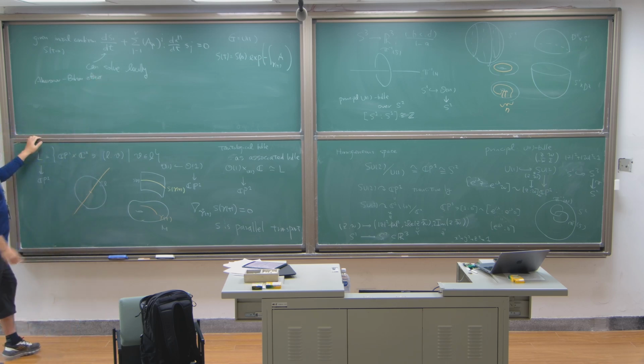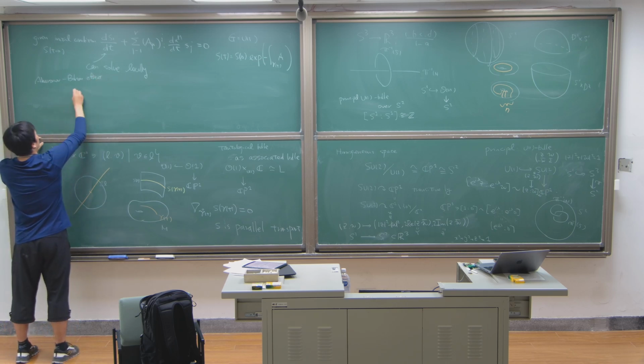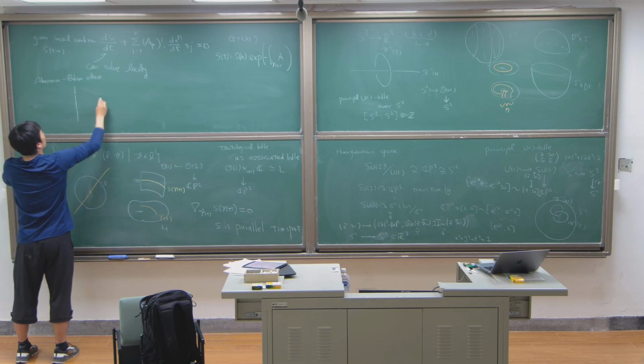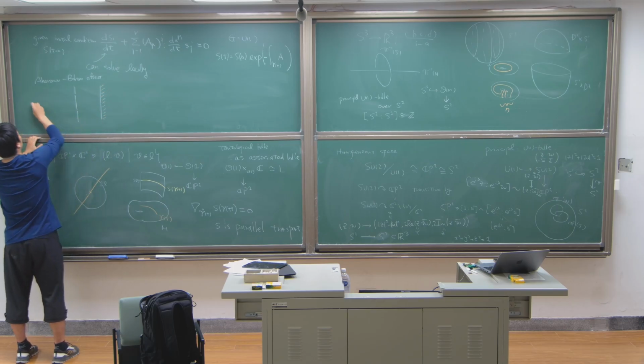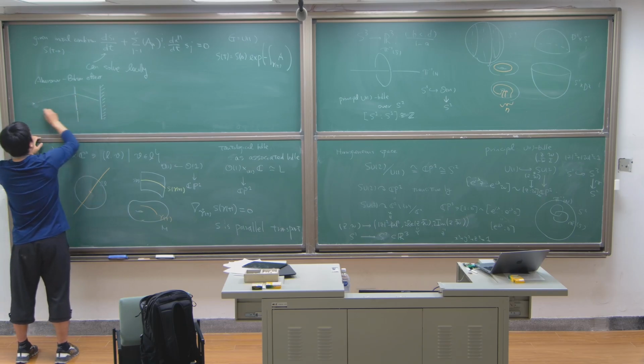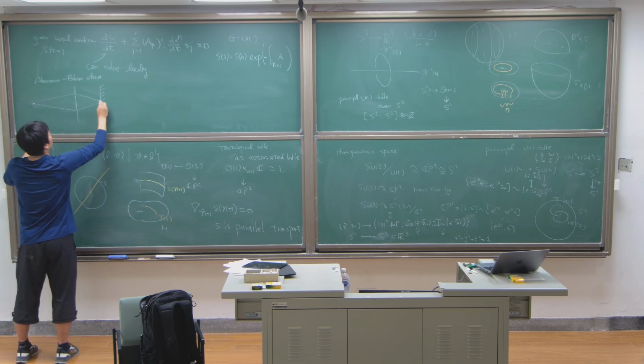So the Aharonov-Bohm effect is something like this one. So you just put some slit, and there's some wall here, and there's a source here, and then the two particles can take the two paths, like this way.